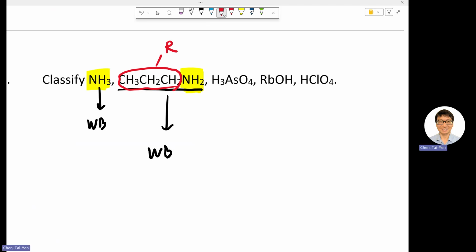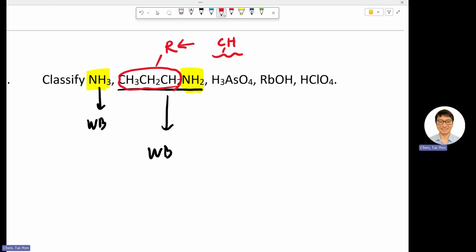Oh, okay. I guess this is a lack of knowledge about the R group. Every time you see me draw this R group, it is just a bunch of CH things. It doesn't really matter if it's 1 carbon, 2 carbon, 3 carbon, 4 carbon.